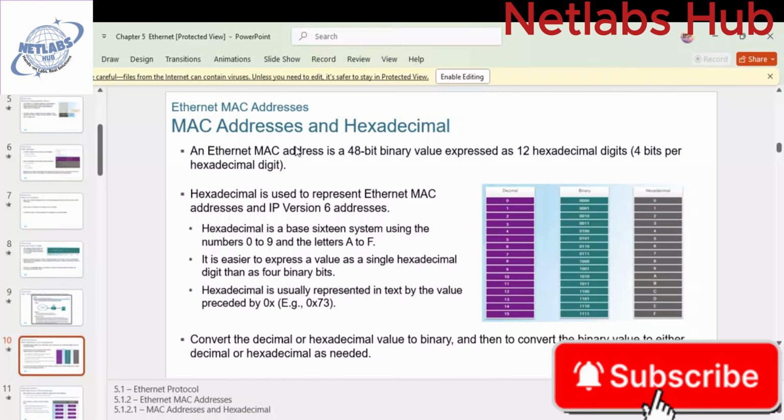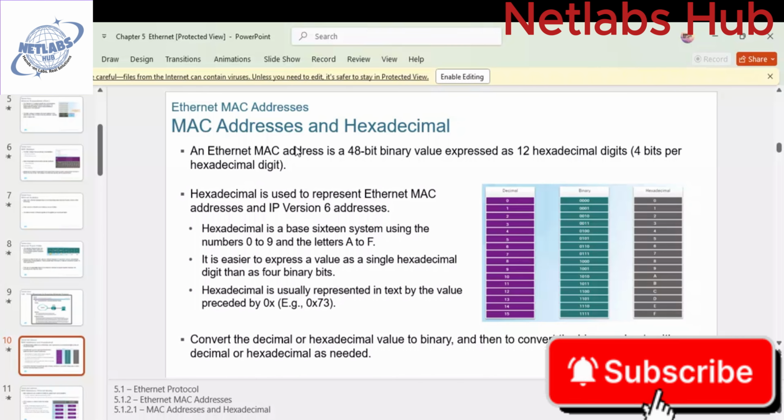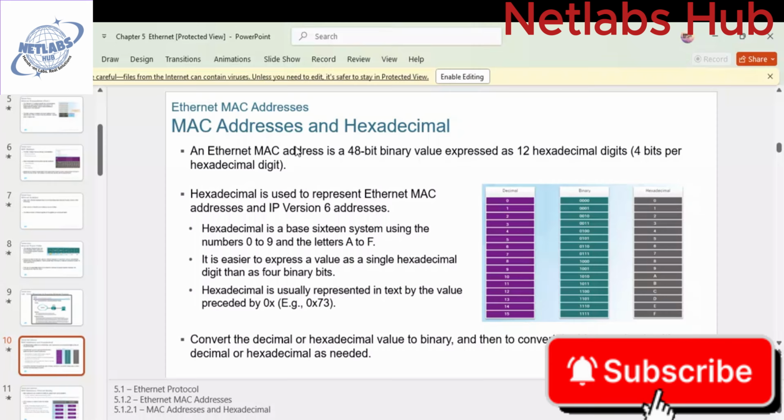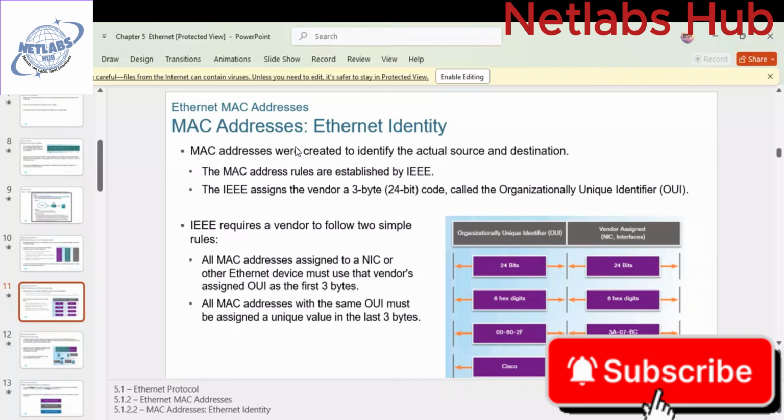This is the critical section that you have to understand, because it helps network engineers a lot. So, MAC address, Ethernet identity.